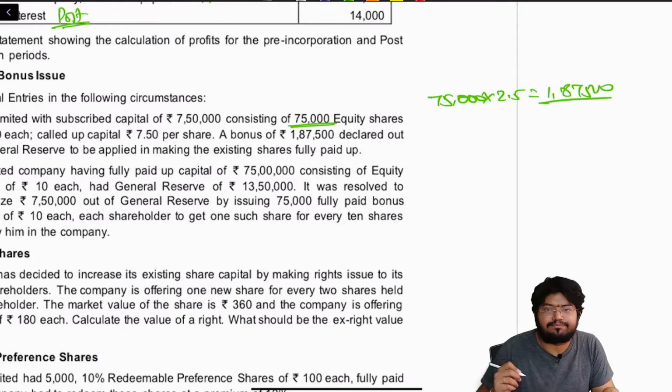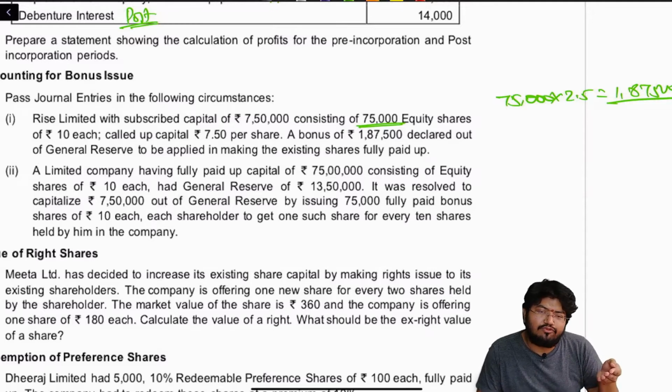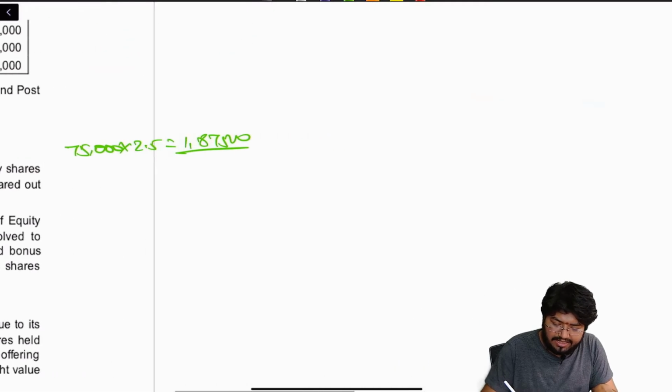This is clear. Now, the first entry you are supposed to do is debit general reserve and credit your bonus. Then this bonus will be considered as final call money settlement. So the first entry, I will write it here, please see.